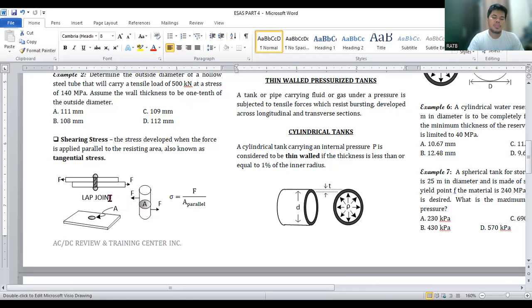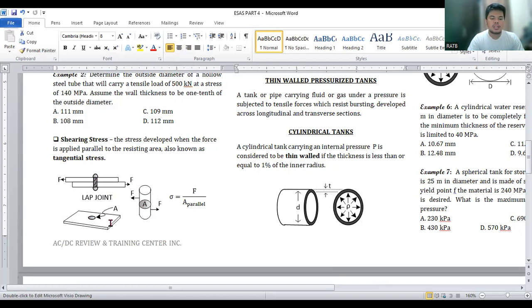Just like in this example, you have two plates which are subjected to a force F, each plate.